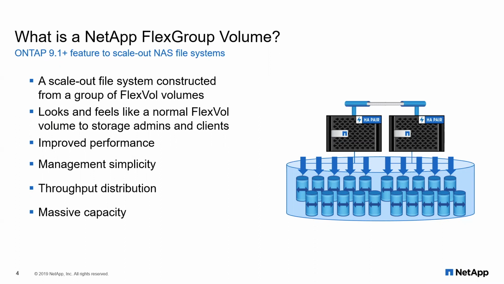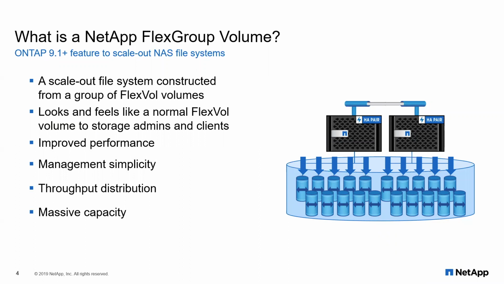Probably the only time that he would realize that he's using a Flexgroup is if he took a look at the number of files and the sheer size of that container. Talking about performance, the Flexgroup is able to achieve very high throughput and a predictable low latency. It does this by adding concurrency to workloads, which a single FlexVol was incapable of doing.